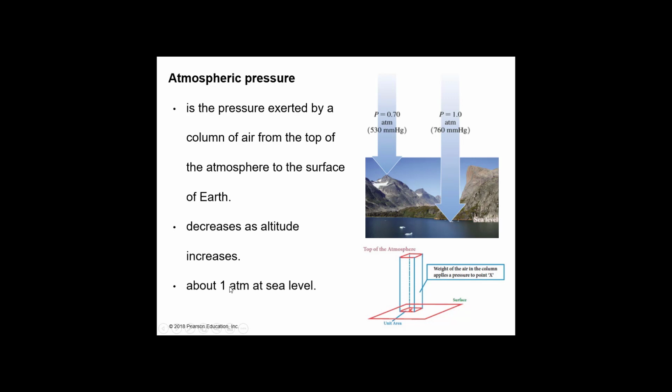If you start increasing in altitude, the pressure is lower, because there aren't as many molecules in the air as there are at sea level. Even the air is thinner up there, so it's harder to breathe because you don't have as much oxygen available. So pressure decreases as altitude increases.